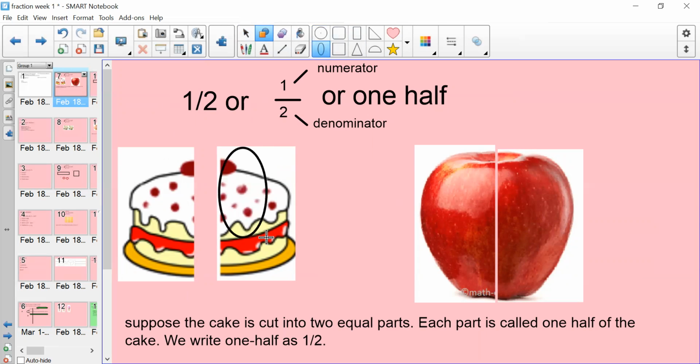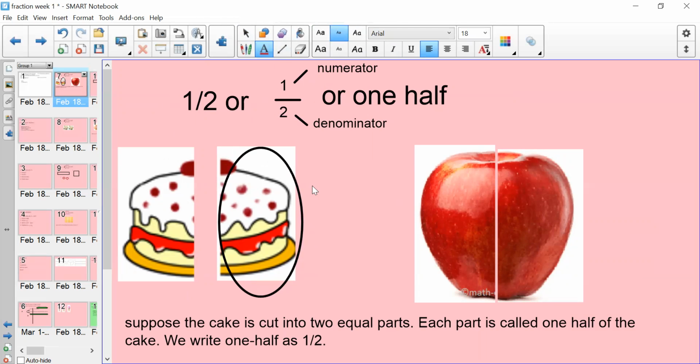So if we circle one part of the cake, that is 1/2. Okay, so like we said on the previous slide, the numerator stands for how many parts it is. So we've got one part out of two parts.